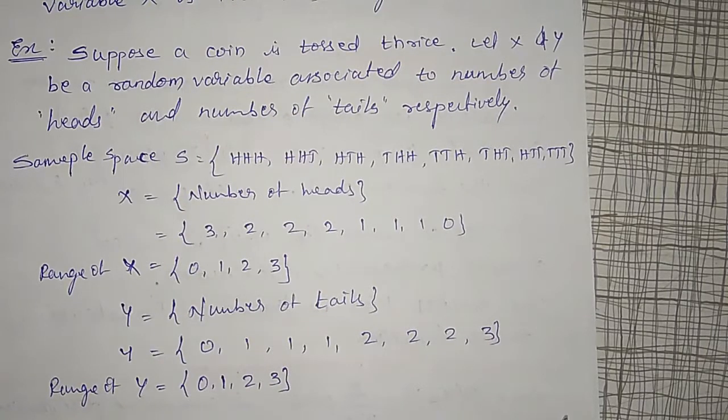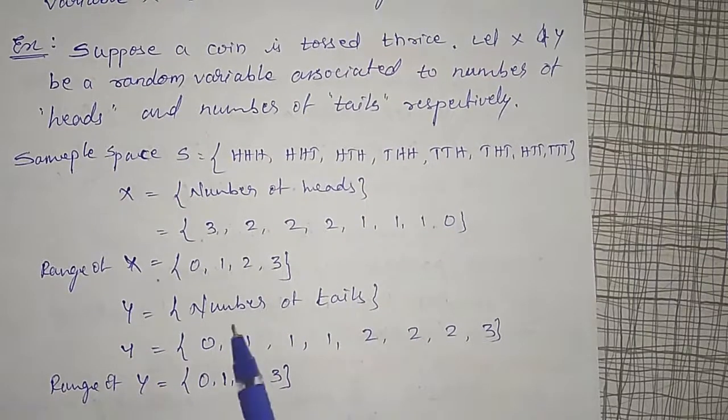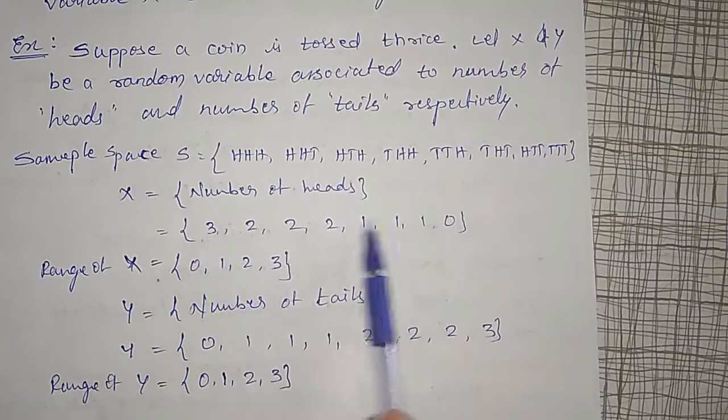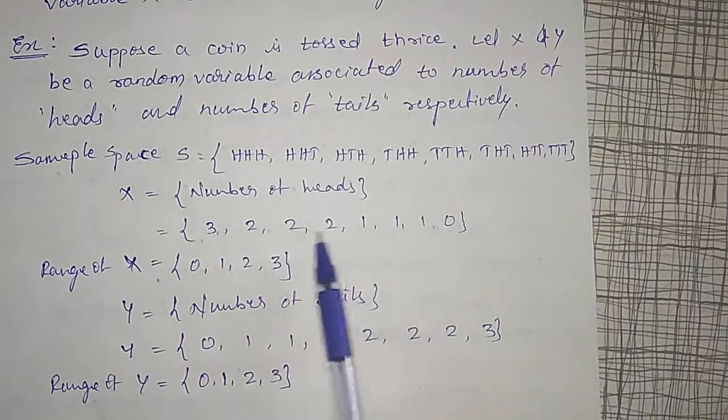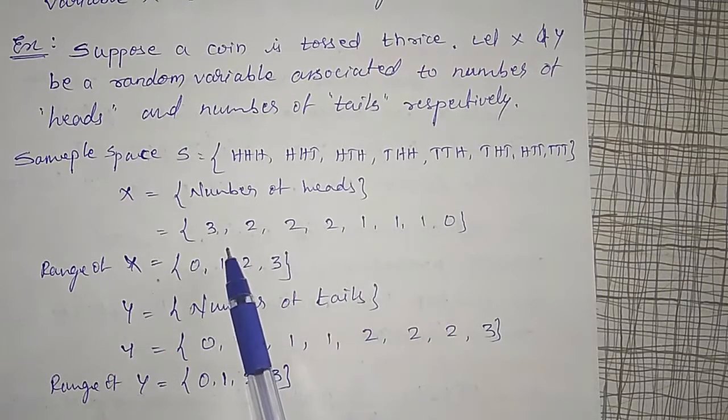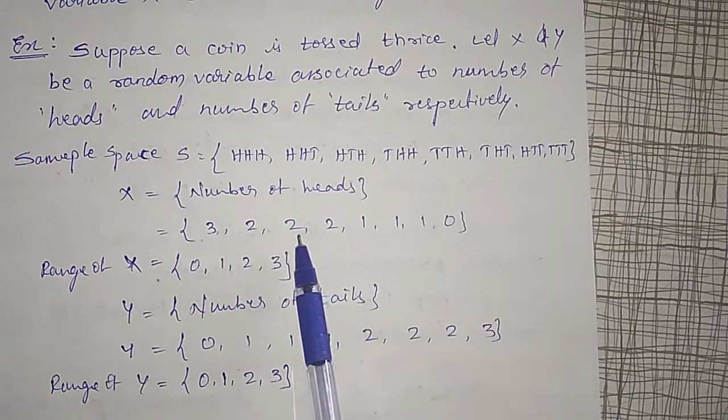Further, in these random variables there are 2 types: discrete and continuous. While assigning these numbers, I am giving step by step values, 0, 1, 2, 3, whole numbers. Such a random variable is known as a discrete random variable.